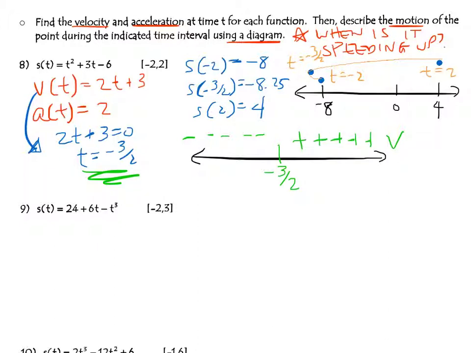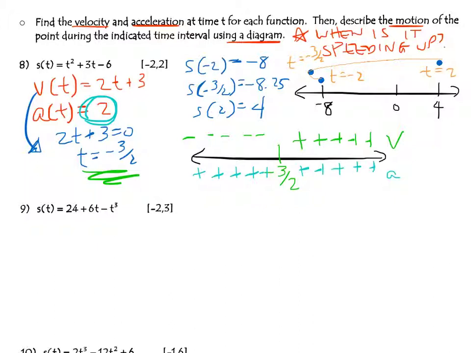So all the velocities are going to be positive to the right of -3/2, negative to the left. And this one's a little bit different because our acceleration we're going to put down on the bottom. Normally we'd put a point or two where the acceleration is 0, but in this case acceleration is always 2. It's always going to be positive.